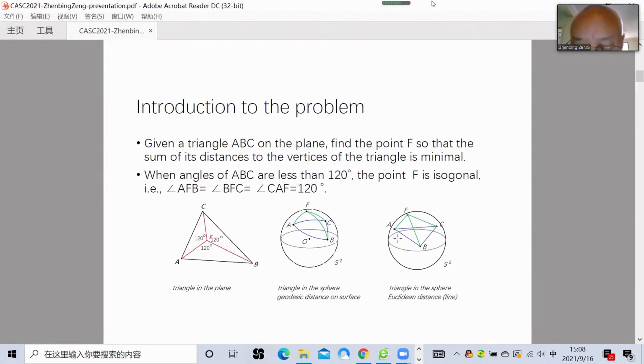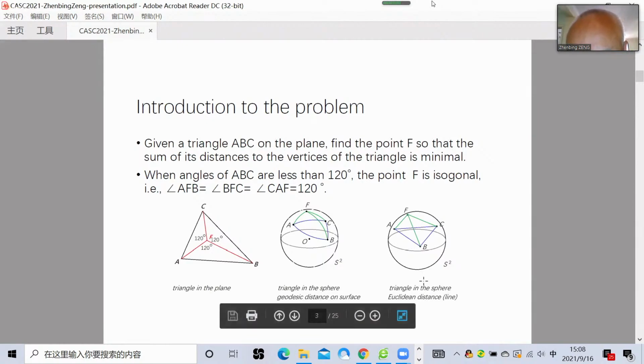But if we change the distance between the points FA, FB, FC to the usual Euclidean distance, which means you just connect 2 points and take the section of the line and measure this length, then this problem is relatively difficult.